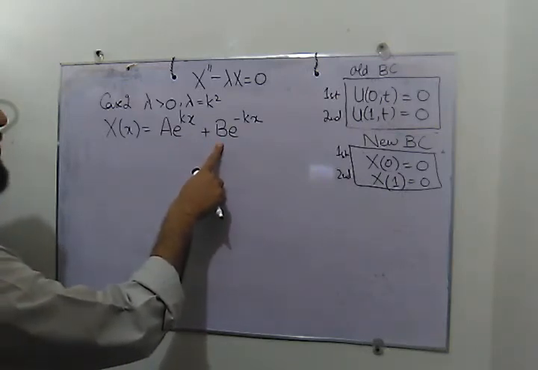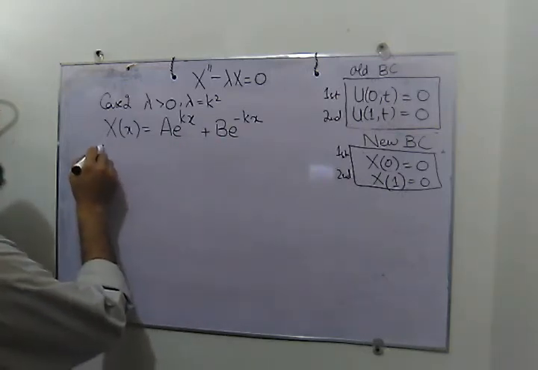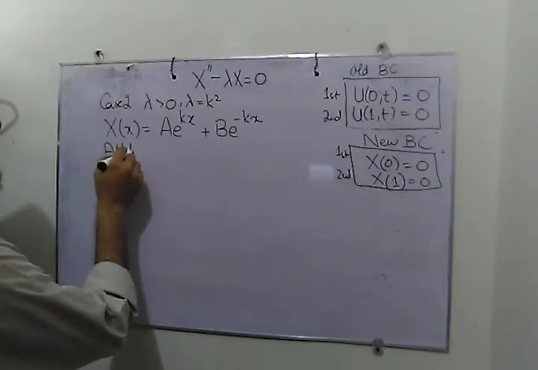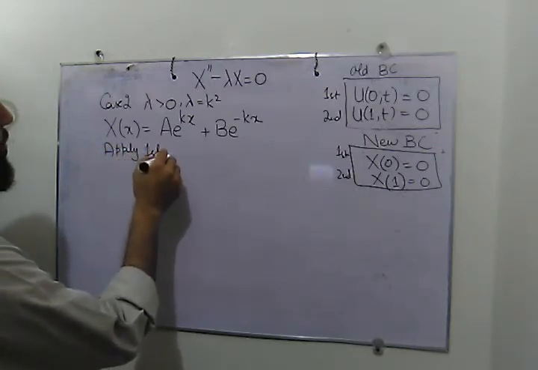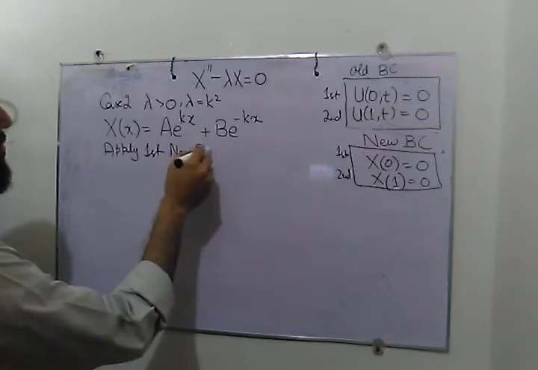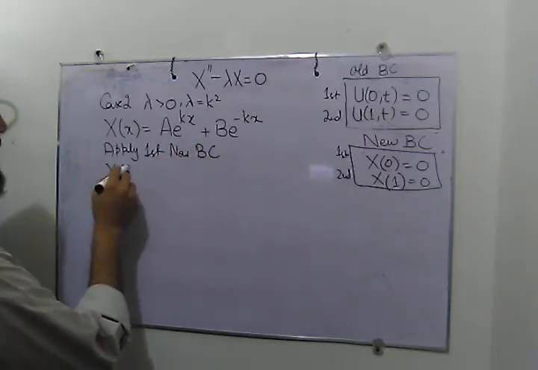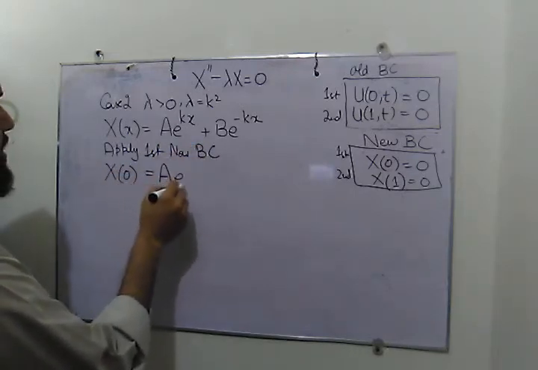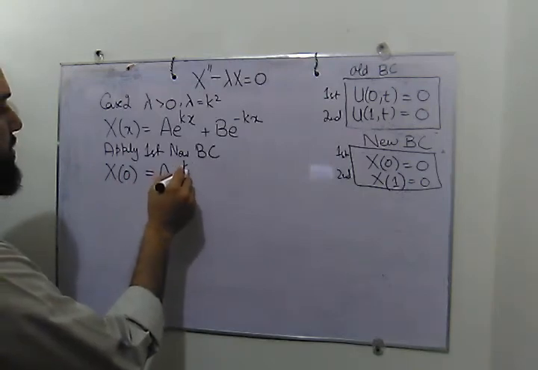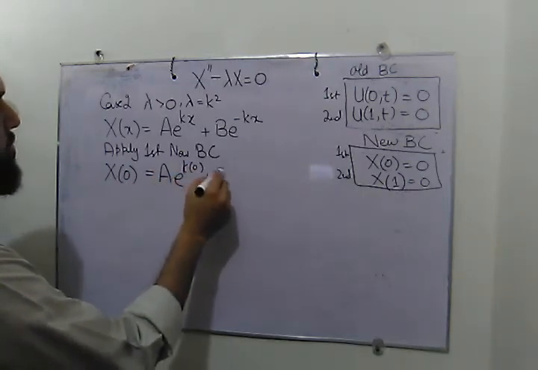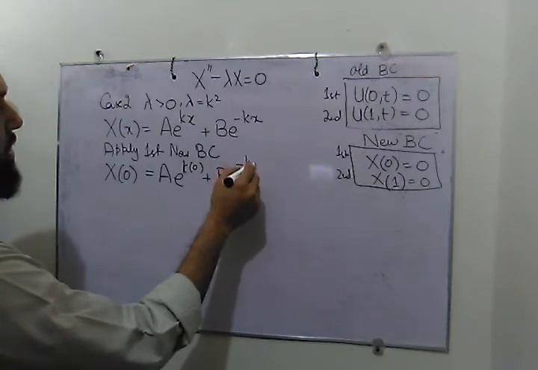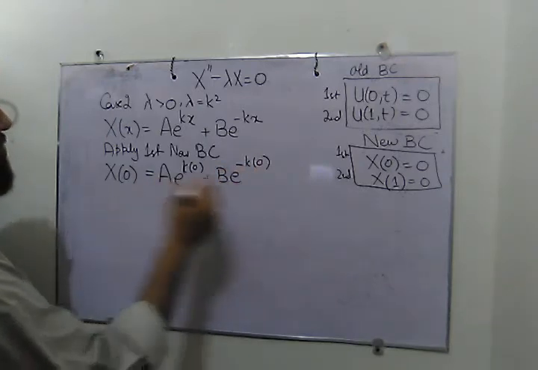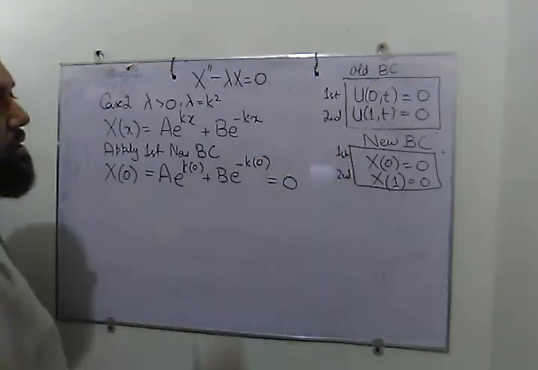To find the coefficients, we apply the first boundary condition. Then we see that x of 0 is equal to a exponential k into 0 plus b exponential minus k into 0, and this x of 0 is equal to 0 by the boundary conditions.